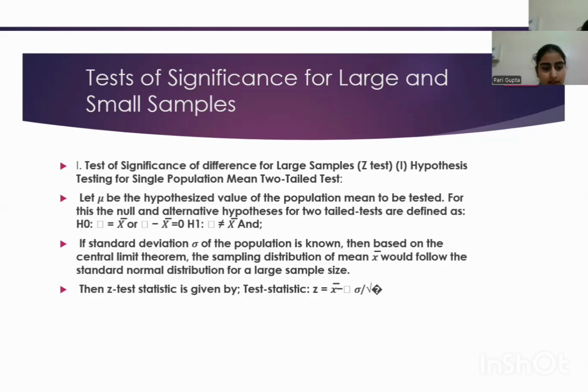Then the Z test statistic is given by Z equals X bar minus mu divided by standard deviation.